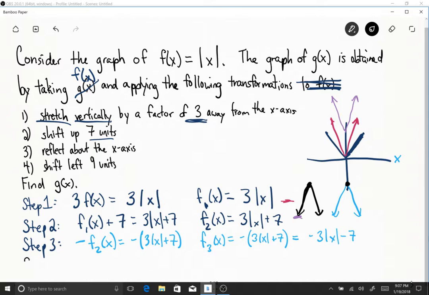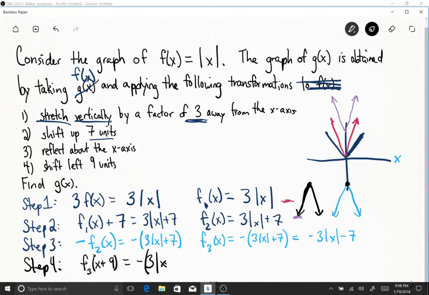And what we want to do for step 4 is we're going to take f3 of x. Well, in order to shift that left 9 units, we go inside the parentheses, so we go x plus 9. So everywhere we see an x, we're going to put x plus 9 now. So this goes negative 3 absolute value. Oh, I'll do it this way, in parentheses first.